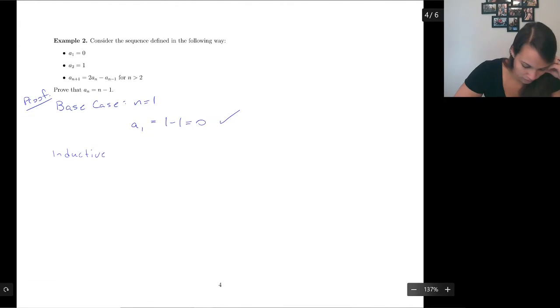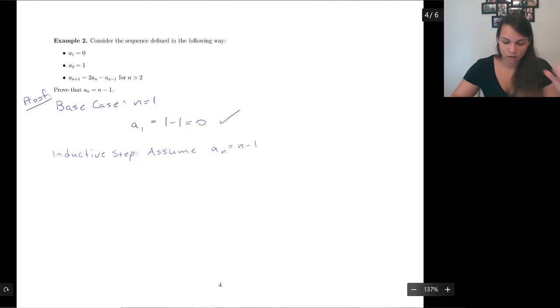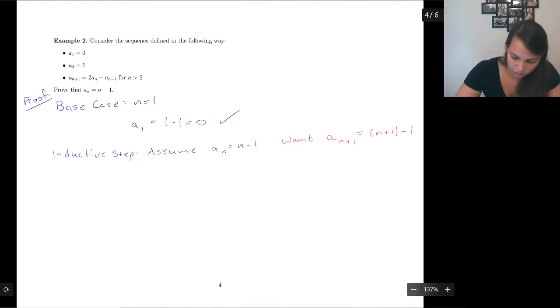Inductive step. So that's going to be: assume a_n equals n minus 1. And then what we want to do is show that a_{n+1} is going to be equal to n plus 1 minus 1, which is just n.